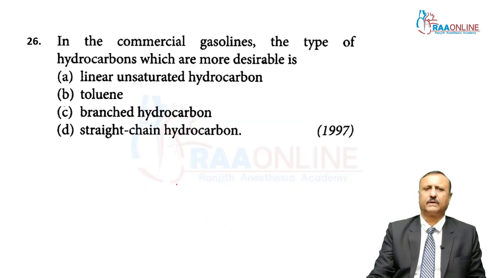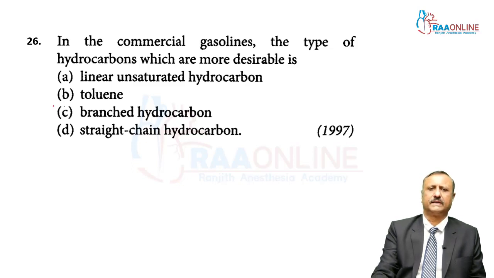After 25, you can go to the 26th question. In commercial gasoline, the type of hydrocarbon which is more desirable is: here, my dear students, the more desirable is the branched hydrocarbon. Branched hydrocarbon is always used as commercial gasoline, and you can get the petrol.